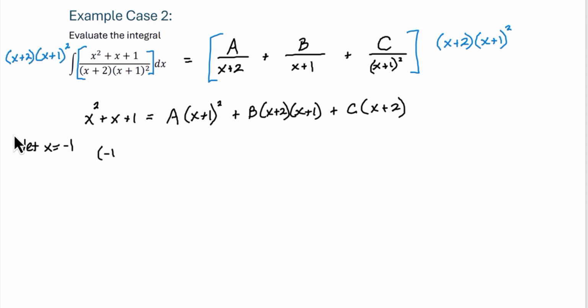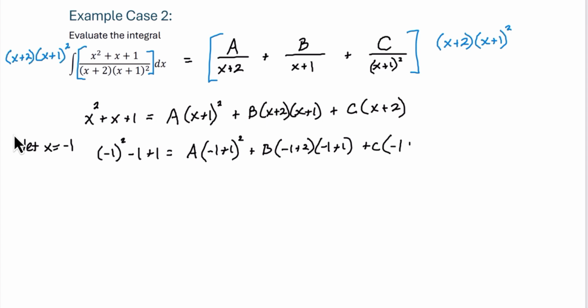Then plugging in -1 for x, we get -1 squared minus 1 plus 1 equals A times -1 plus 1 squared plus B times -1 plus 2 times -1 plus 1 plus C times -1 plus 2.